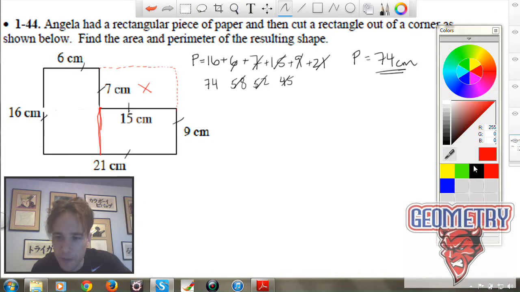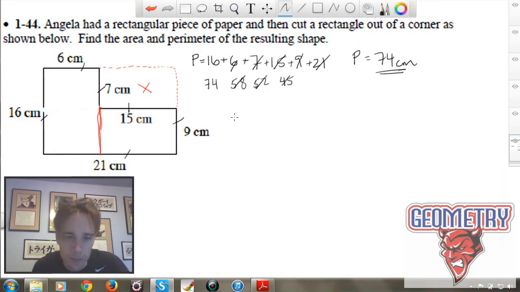Back to our original color here. Okay, so one of those rectangles is 6 by 16. And the other rectangle is 15 by 9. So let's find out what those two areas are.